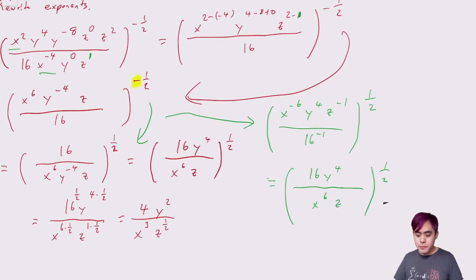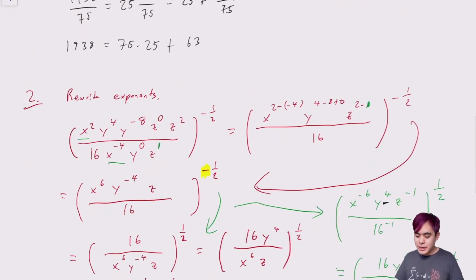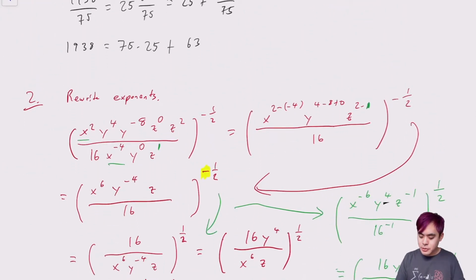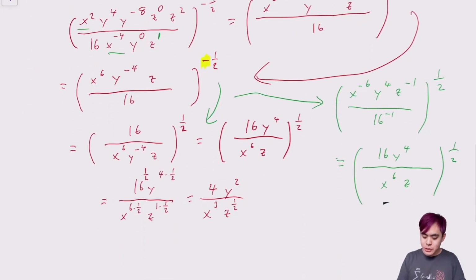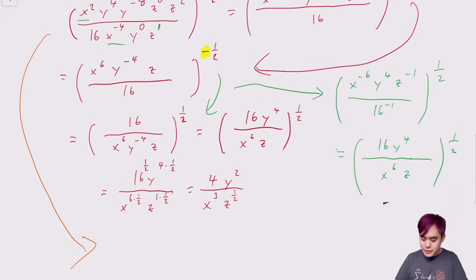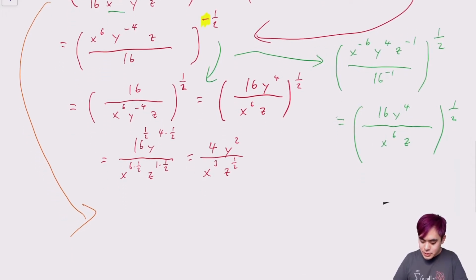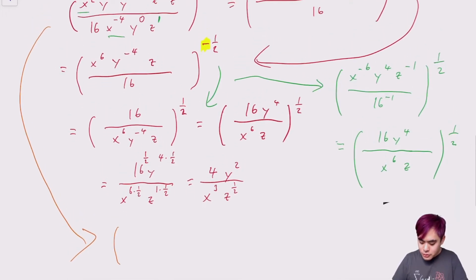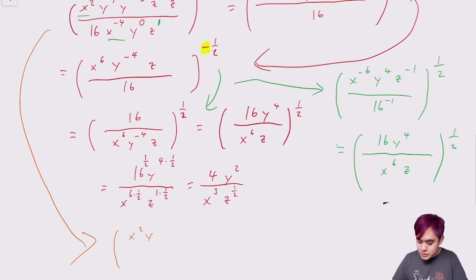So, for example, if we want to do this entire thing a different way, let me put in yet another color. Let me rewrite that actually. So we have all this: x squared, y to the 4th, y to the -8, z to the 0, z squared, 16, y to the -4, y to the 0, z to the -1/2.